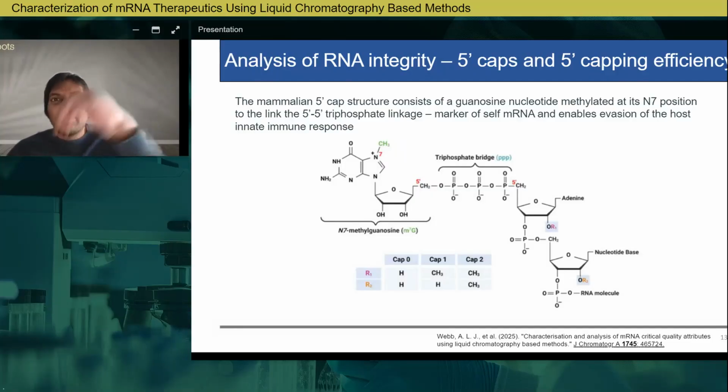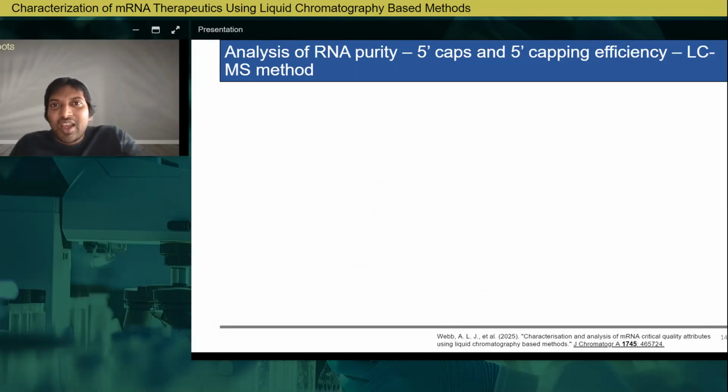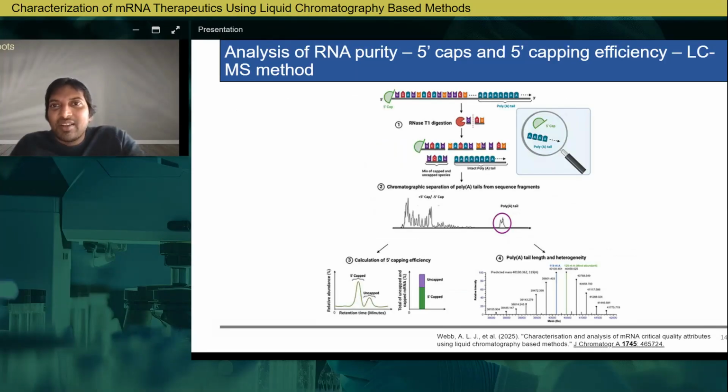So the analysis of RNA purity, along with the 5' cap and the 5' capping efficiency, normally happens with the LCMS method. In general, you take the RNA molecule and use RNase T1 or RNase H digestion. Once you digest all these molecules, you use an LC method to segregate them out.